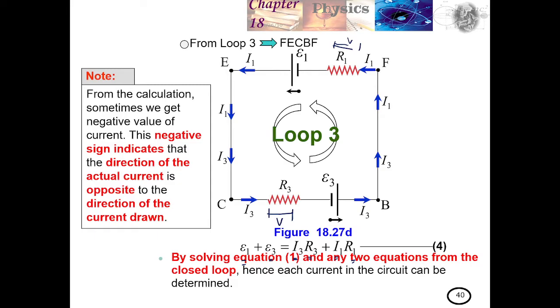So let's say the current in the loop that we made is going counterclockwise, but when the value of I is negative, it means the current is not moving counterclockwise but in the opposite direction, maybe going to the left.